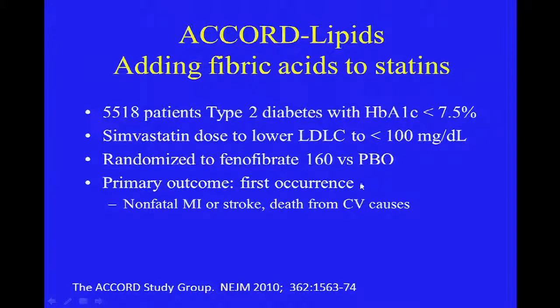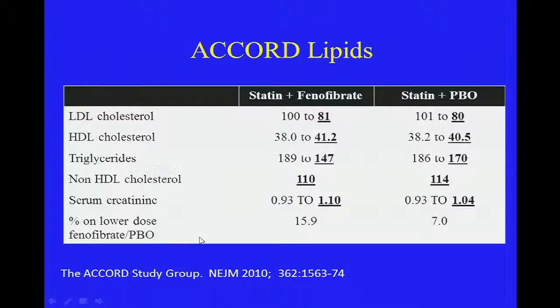Fenofibrate 160 versus placebo, and there were a large number of things they included in the outcome. The thing I want you to look at is these values and the differential changes. As far as I'm concerned, these drugs have been shown in individual studies to reduce risk. And the question is, why wouldn't they, when you add them to a statin, do the same thing?